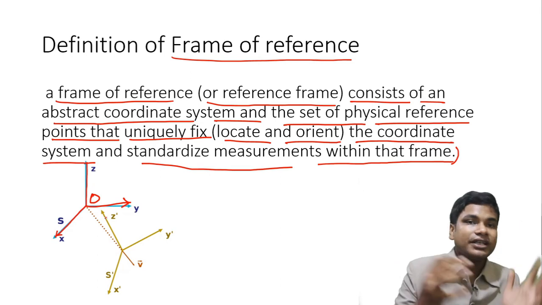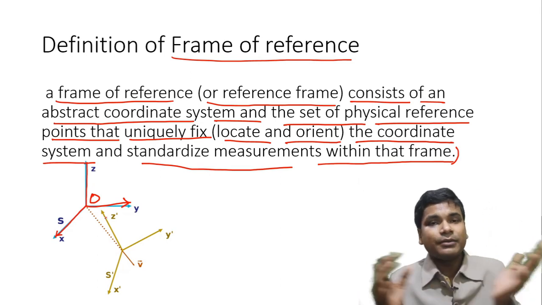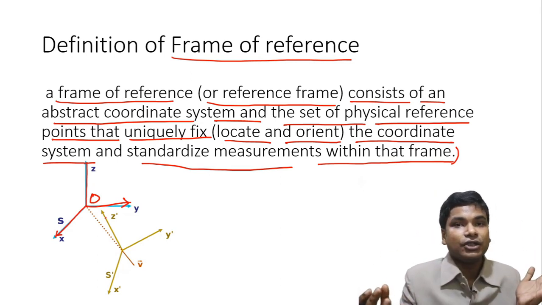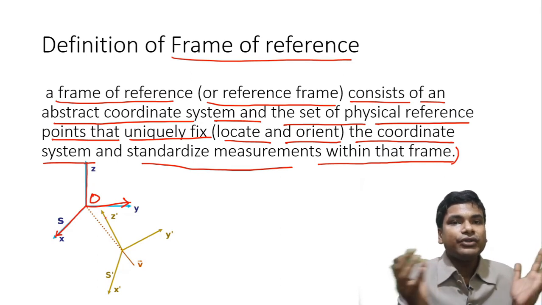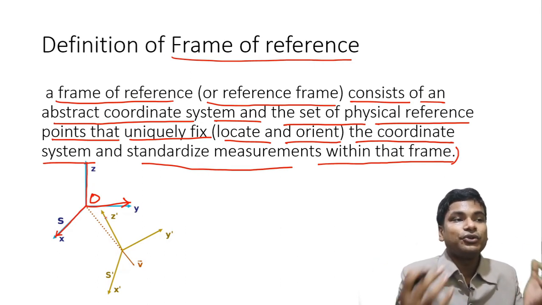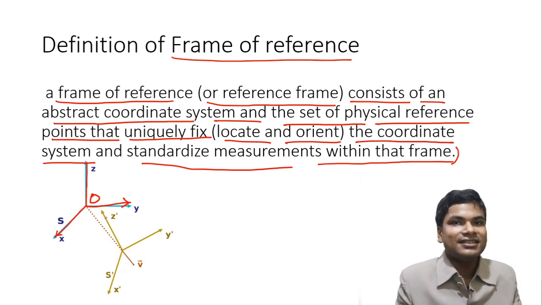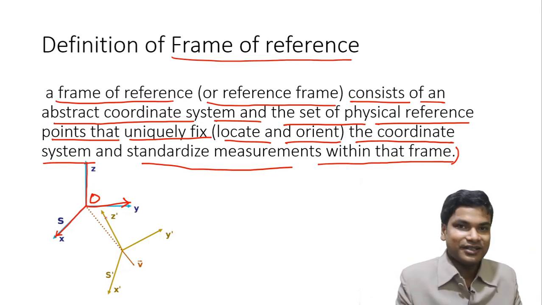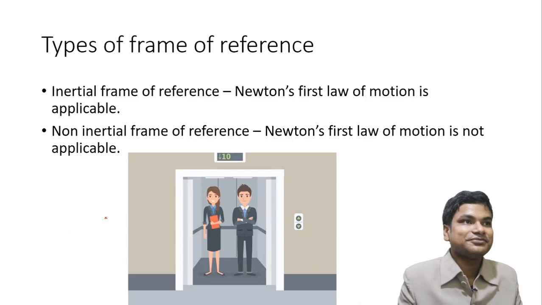We cannot rotate the axis, we cannot change the position of this O point, so that is why it is uniquely fixed. And if we need to measure anything, we need to measure it with respect to this point. So that is the concept of frame of reference. So I hope this is clear.